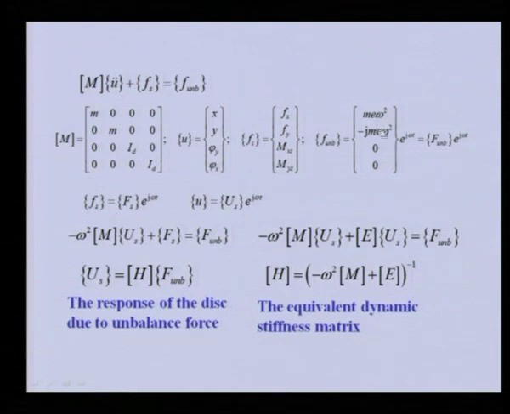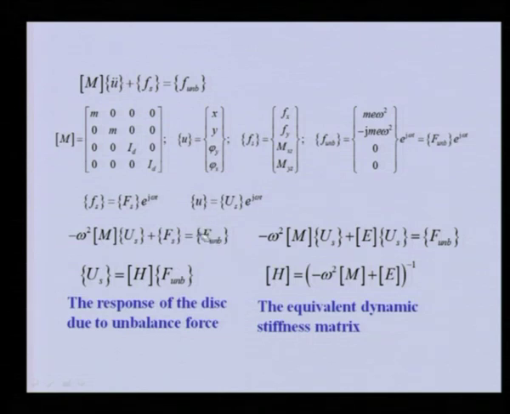Again we can define the forces and displacements in terms of amplitude, phase and harmonic component like this. If we substitute this in the equation of motion, we get minus omega square M Us plus Fs, which is coming from the shaft reactions, equal to the unbalanced force.